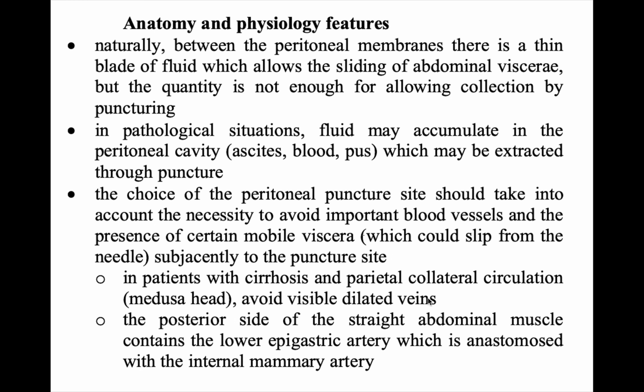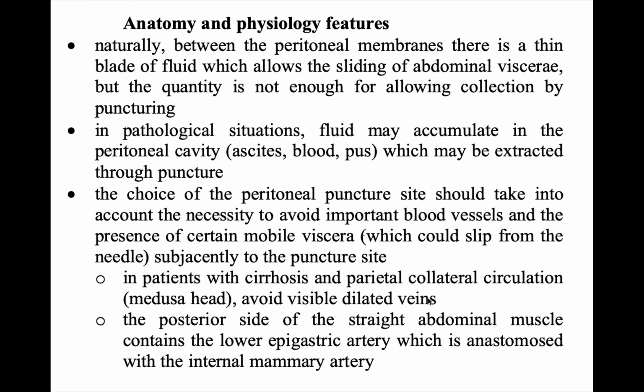Naturally, between the peritoneal membranes, there is a thin blade of fluid which allows the sliding of abdominal viscerae, but the quantity is not enough for allowing collection by puncturing. In pathological situations, fluid may accumulate in the peritoneal cavity, which may be extracted through puncture.